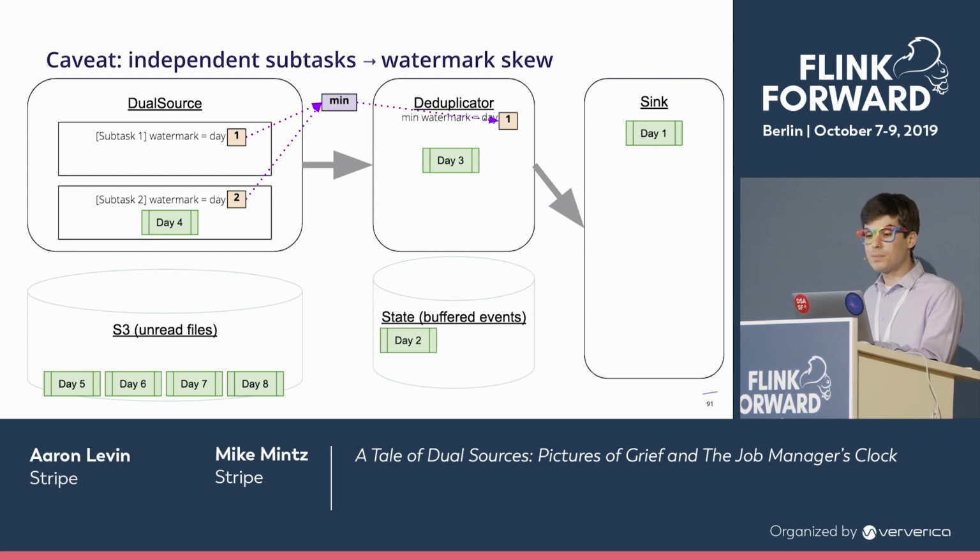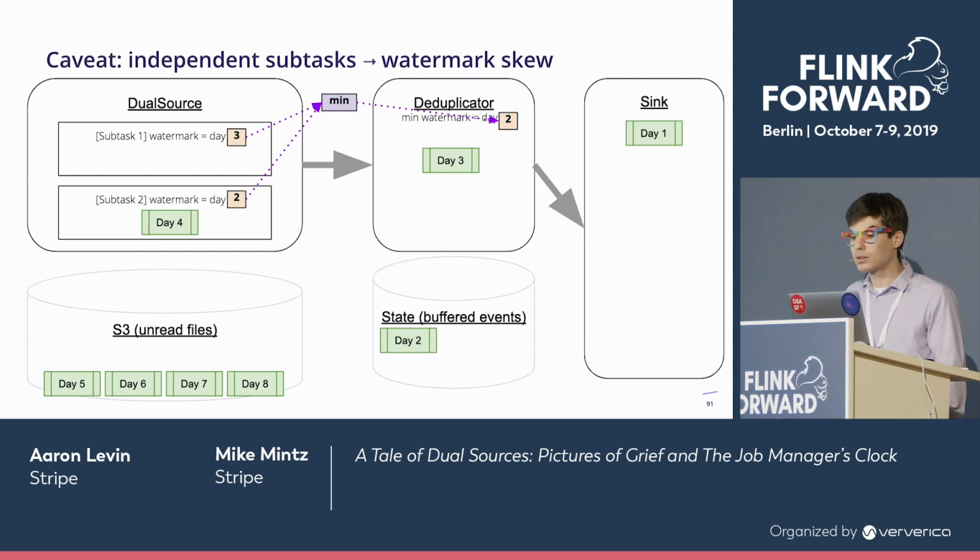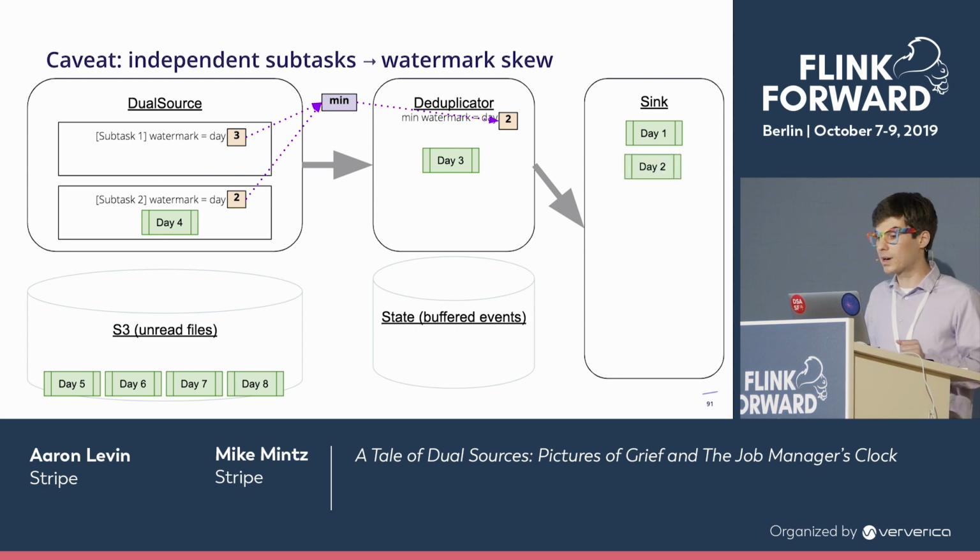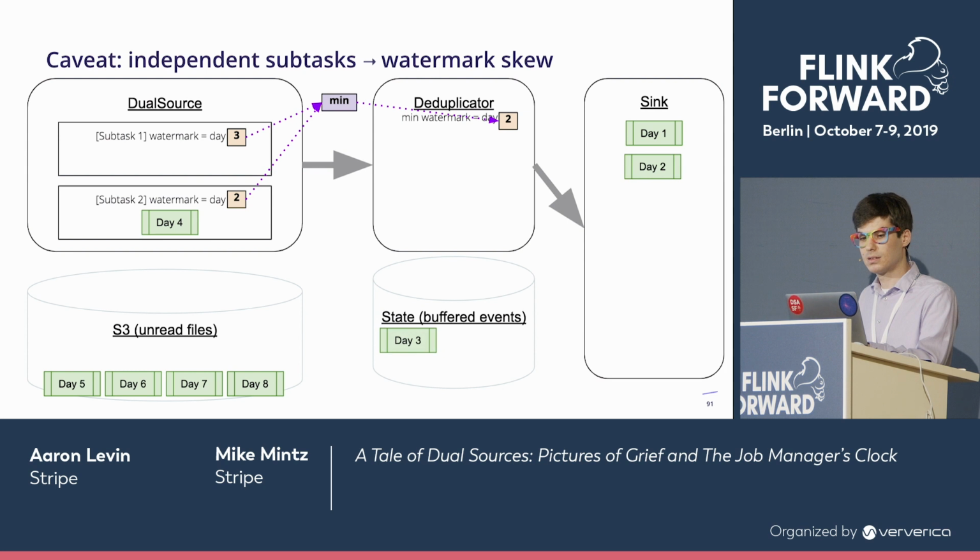Here we see the first subtask emitting a watermark for day 3, and now the deduplicator's minimum watermark has reached day 2. And because of this new watermark, the deduplicator can now safely emit records from day 2, which it had buffered in state, but it now must buffer up the records from day 3 in the Flink state.